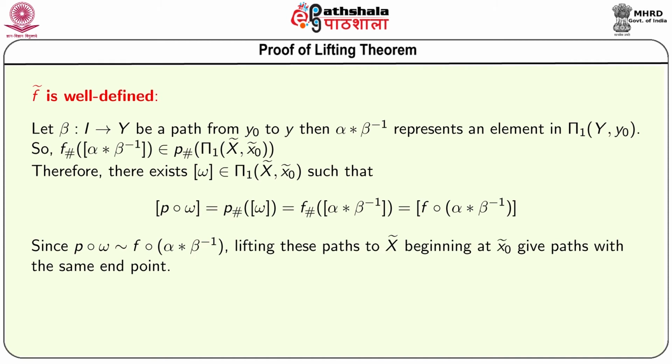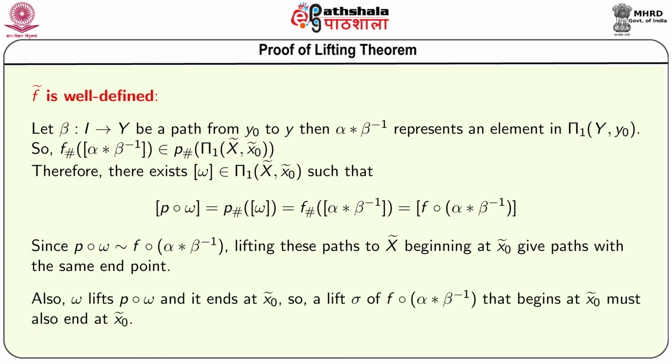Now, since P composed W is path homotopic to F composed alpha star beta inverse, lifting these paths to capital X tilde beginning at x0 tilde give paths with the same endpoint. Also, W lifts P composed W and it ends at x0 tilde. So, a lift sigma of F composed alpha star beta inverse that begins at x0 tilde must also end at x0 tilde.